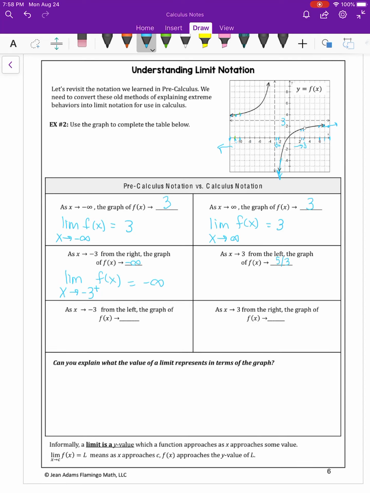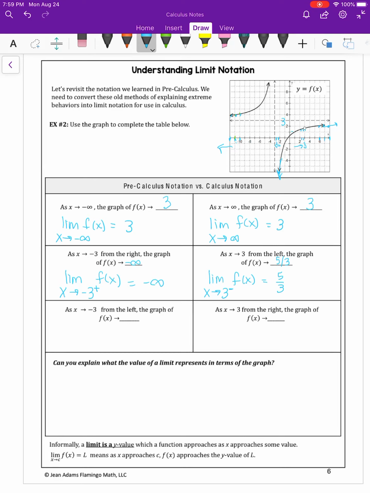So we would write it as the limit as x approaches 3 with a minus sign from the left of f of x is 5/3, even though there is not a value at that point because there's a hole. As you're approaching it, it's approaching 5/3. So that limit does exist.